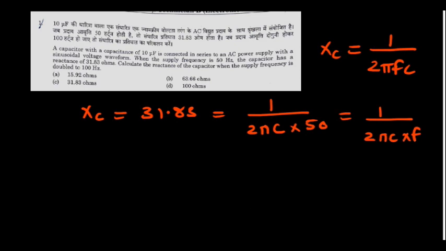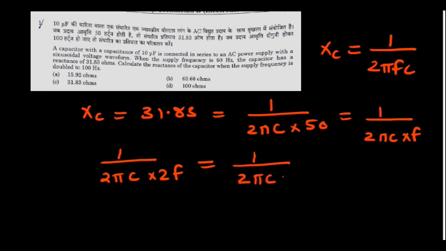Now what is the change? It is 1 upon 2 pi C, and instead of F it is now 2F. We know the value of 1 upon 2 pi C F, so this is multiplied by 1 by 2.